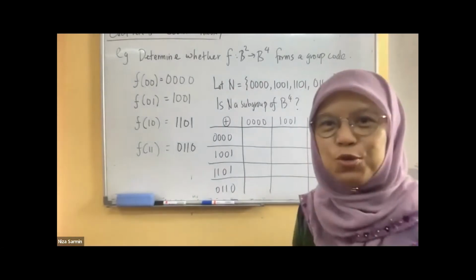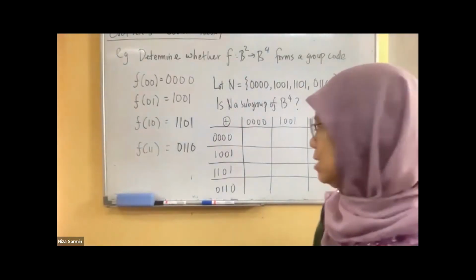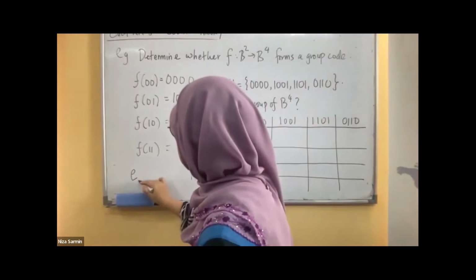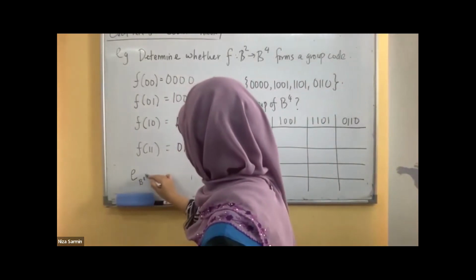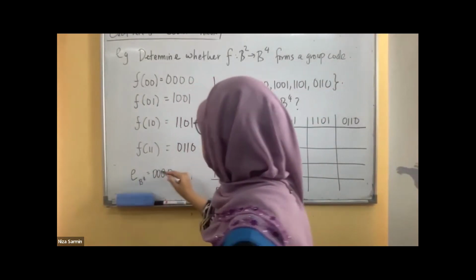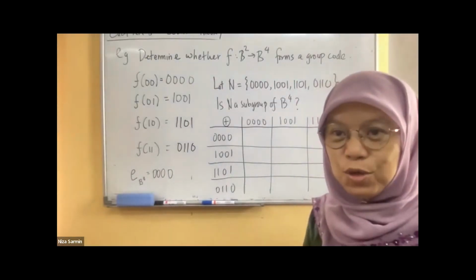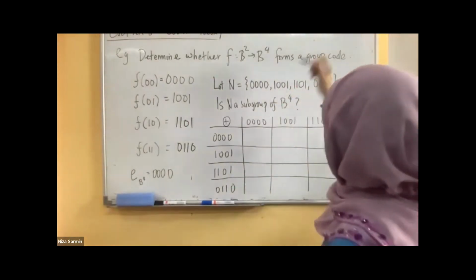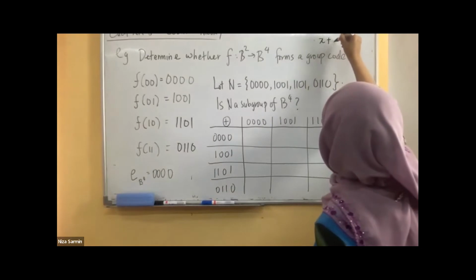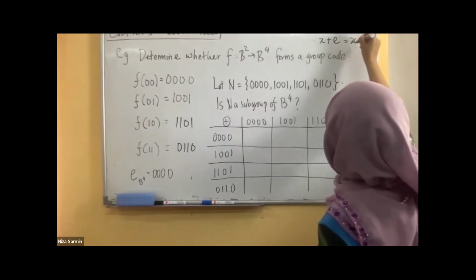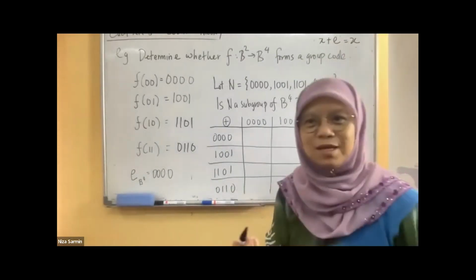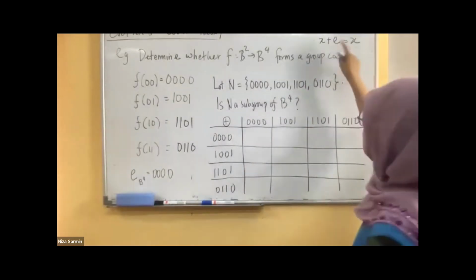Right away, you will know that the identity E of B4 has to be all zeros. This is the only way that x plus E is x. The only way is when E is all zero.